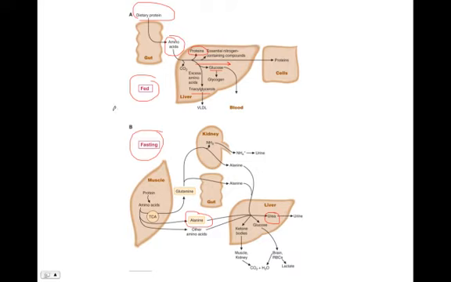So in both the fed and the fasted state, the urea cycle plays a role in either the disposal of excess amino acids or the deamination of amino acids as a means of providing substrate for gluconeogenesis.